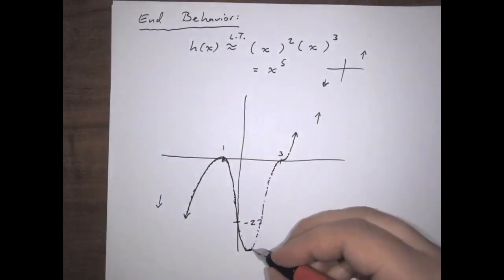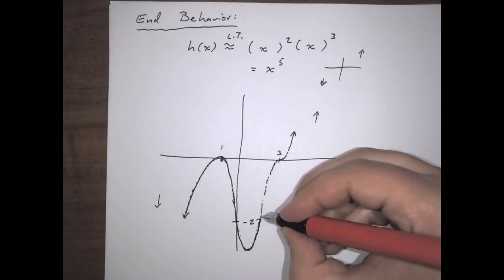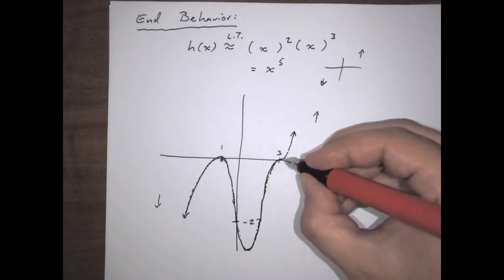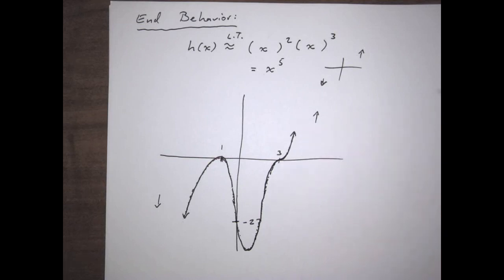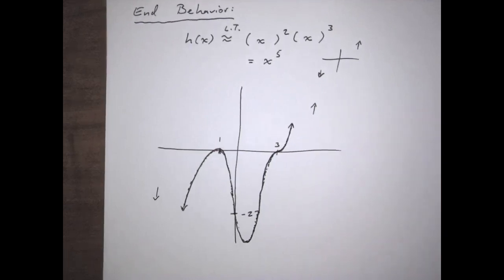None of our business really in some ways, so we won't even worry about it. But the important thing is that we correctly reflect what it's doing at each of the x-intercepts and how it begins and ends, and also what its y-intercept is.